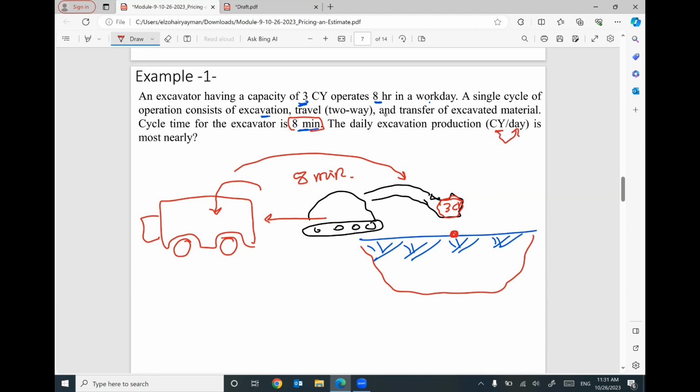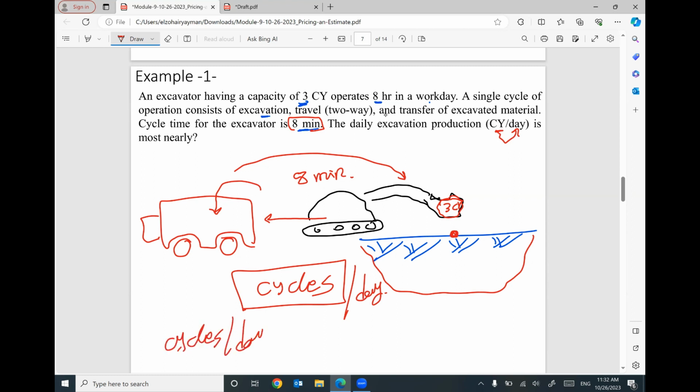Very easy. Anybody can tell me how many cycles this excavator can do per day? I can say the number of cycles per day equals... This excavator can work 8 hours per day. So we have 8 hours, which means 8 times 60 minutes.